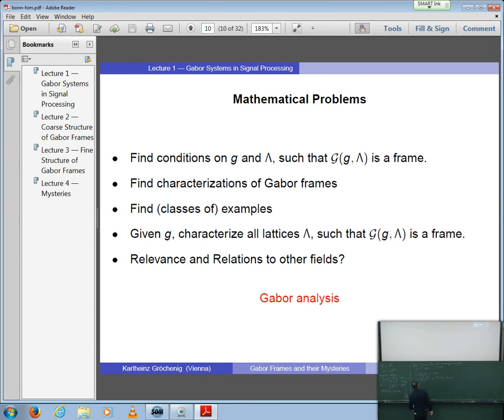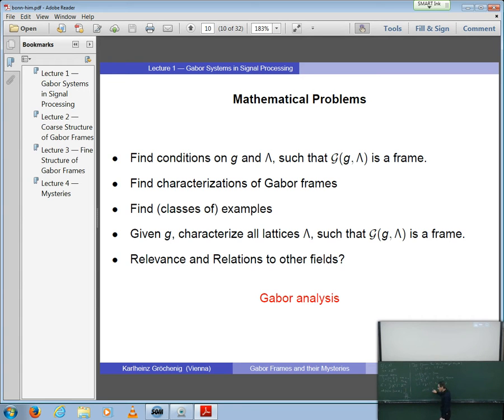So the third condition, that's the so-called biorthogonality condition. There exists a gamma in L2 satisfying an upper frame bound. So the word is Bessel. I will not dwell on that. Such that we have the following biorthogonality.